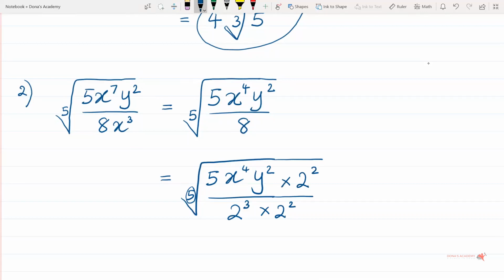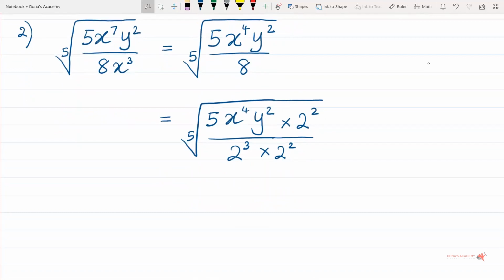Right? Then I get 2 to the power 5 in the bottom. I have 5 x^4 y^2 and 2 to the power 2 is 4 actually.